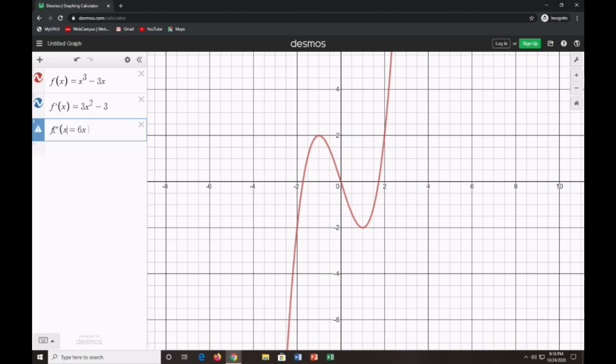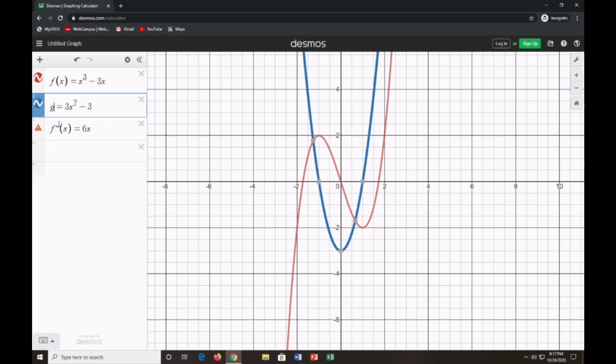I wanted to make the notations match, oops. It looks like it doesn't recognize that. Okay, so let me use it like before. It deletes the notation, so g would be our first derivative, and let's make h our second derivative. So there you have it, as graphed on the computer.